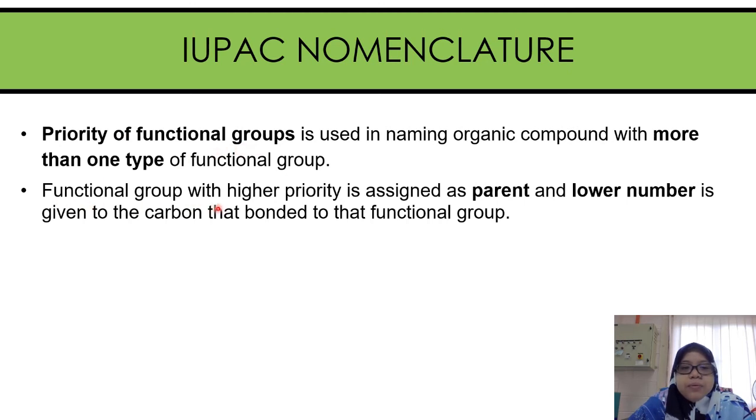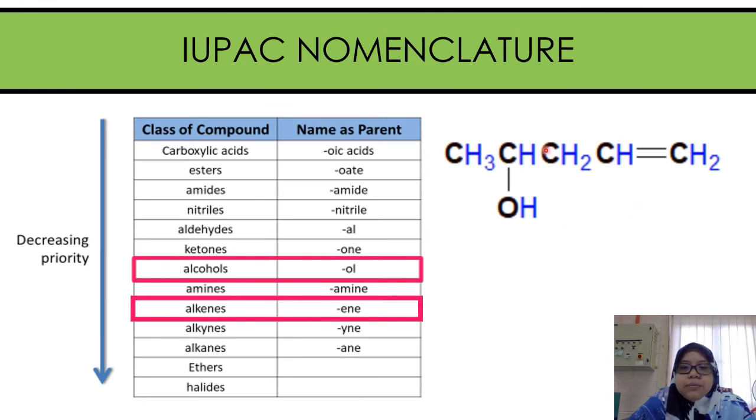The functional group with higher priority is assigned as parent, and a lower number is given to the carbon bonded to that functional group. For example, for this one, we have a hydroxyl group and an alkene. When we compare between alcohol and alkene, alcohol will get higher priority to become the parent. So our carbon chain must be numbered nearer to the OH group.